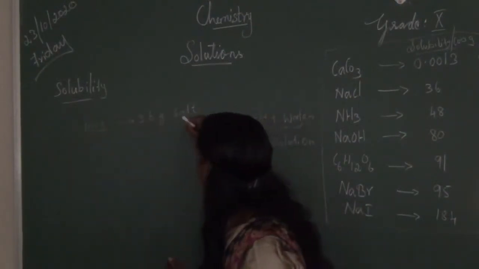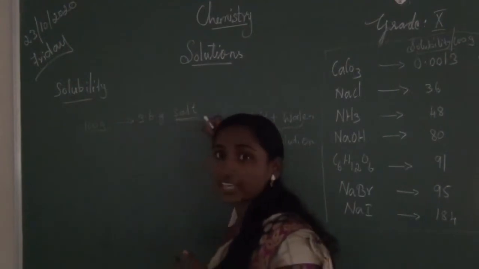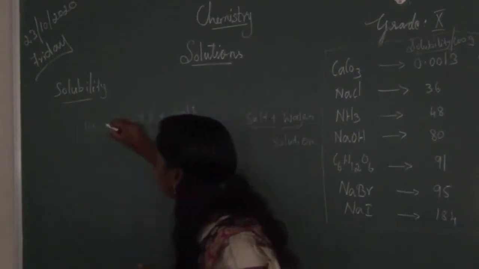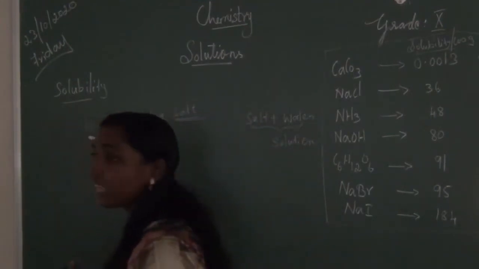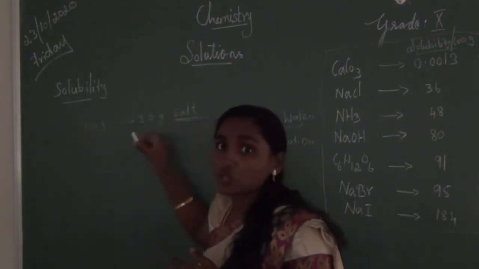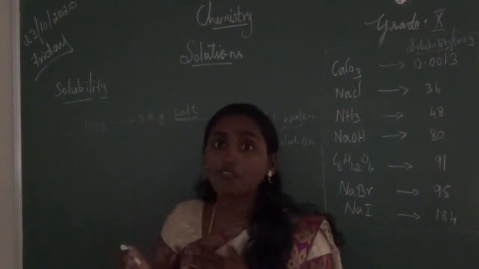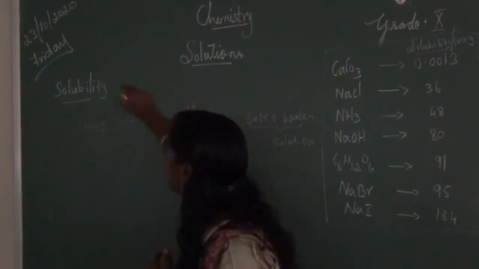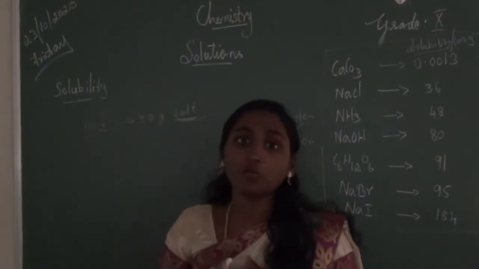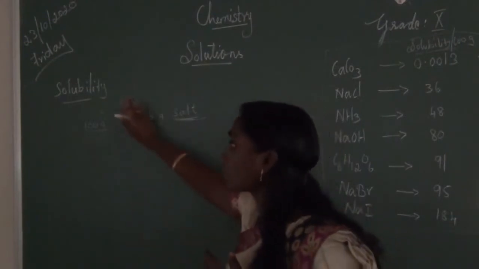We can say the salt is the solute, and the water is the solvent. So solubility is a measure of how many grams of solute can be dissolved in a specified amount of solvent.